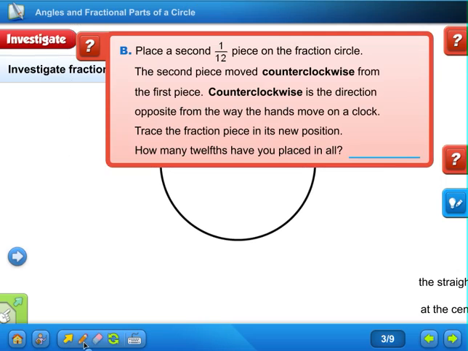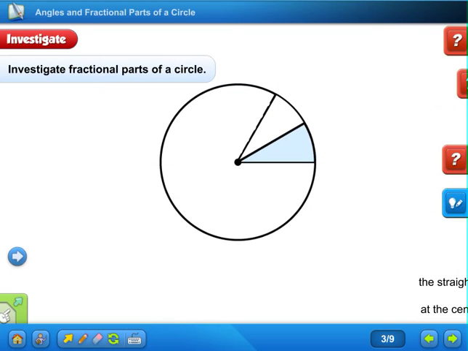You've placed 2 12ths. 2 of the 12ths have been placed. All right, next, let's do the third part.